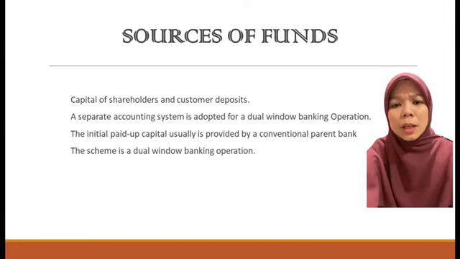The initial paid-up capital usually is provided by a conventional parent bank as a benevolent loan, and hence there should not be any problems with the sources of the funds, because Muslims have challenged the sources of capital invested into the scheme. The scheme is a dual-window banking operation.